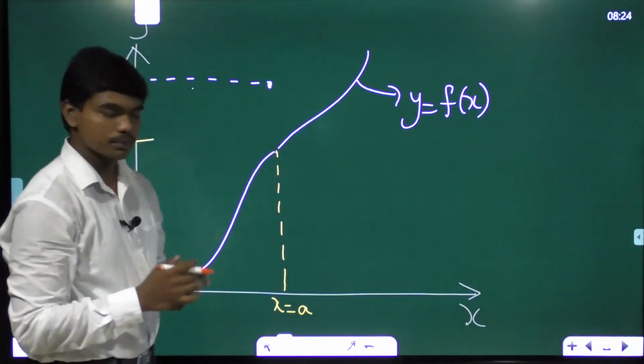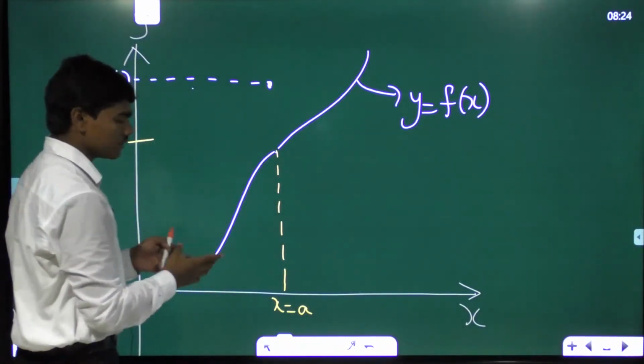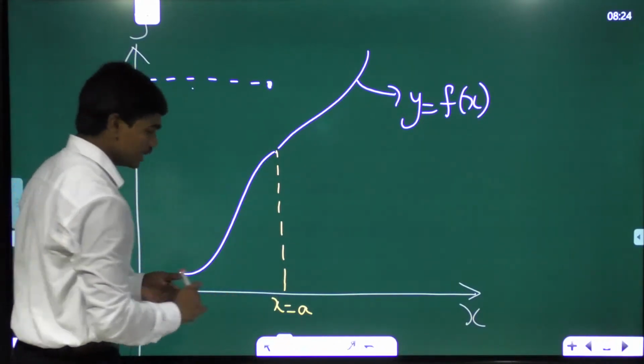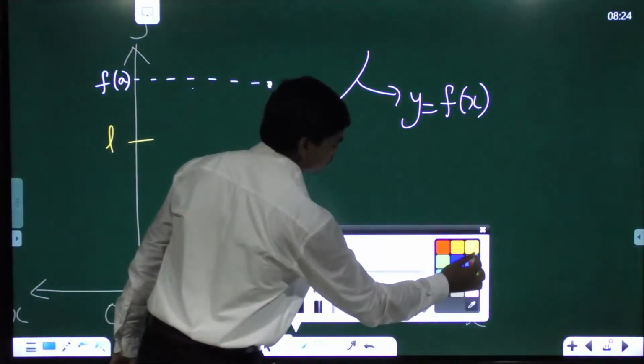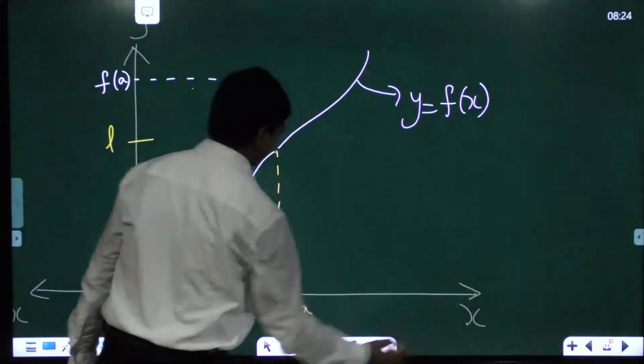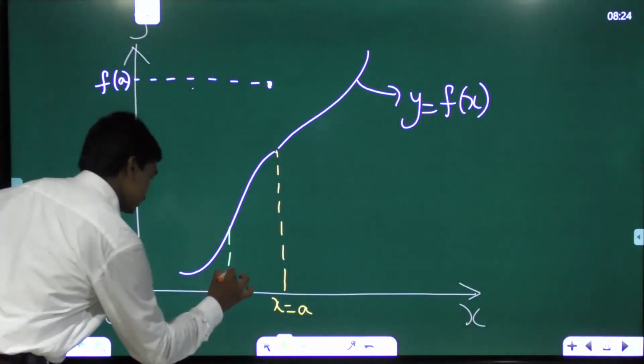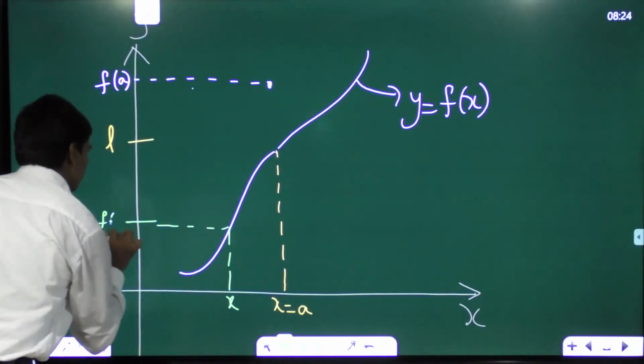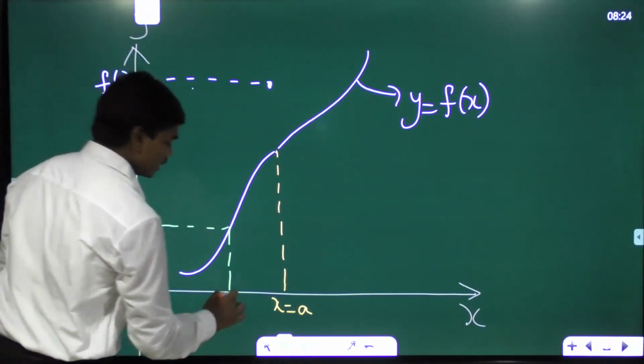let us talk about the concept of limit again. What is the definition of limit? As x tends to this a, this f of x should tend to L. Correct? Now let me denote that for you. I have used this color. Okay. Let us suppose your x is initially here, then this is your f of x value. Correct?